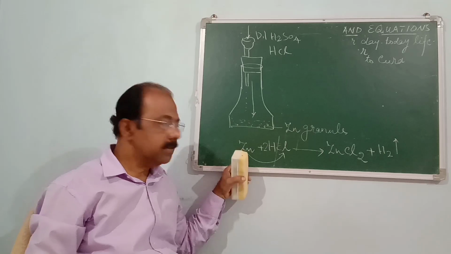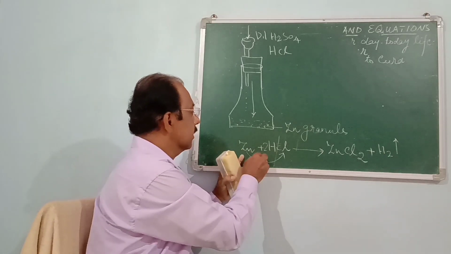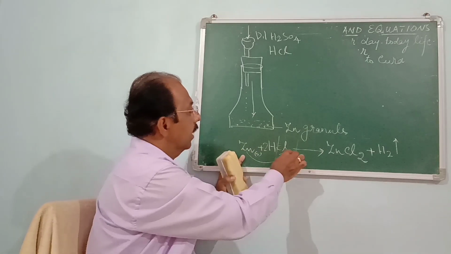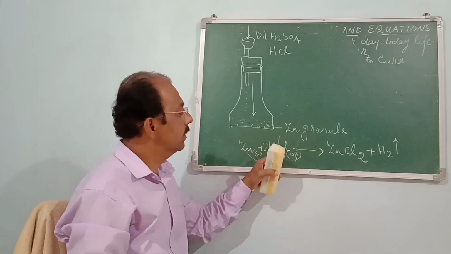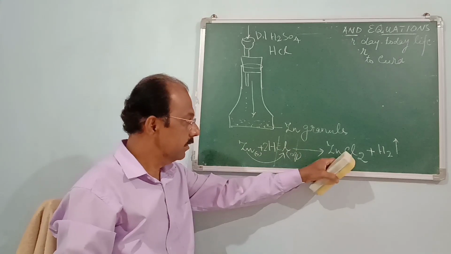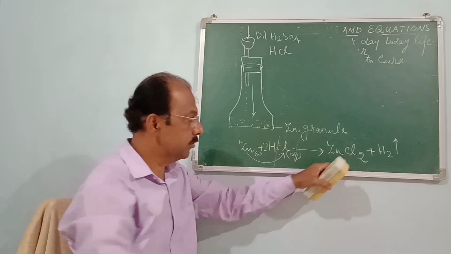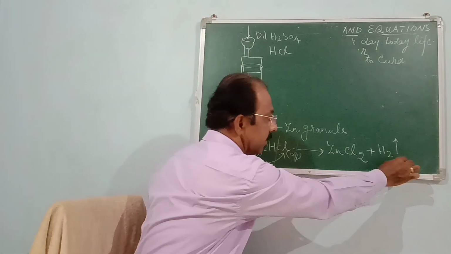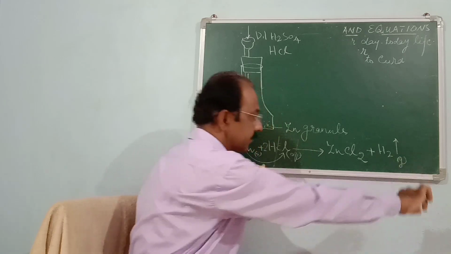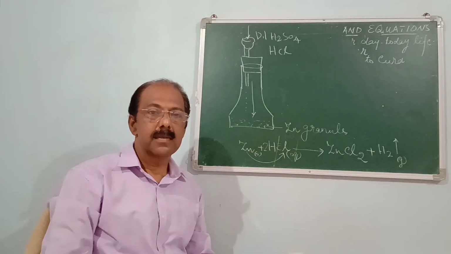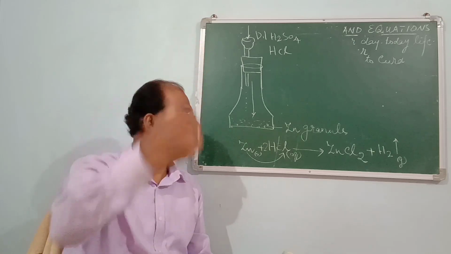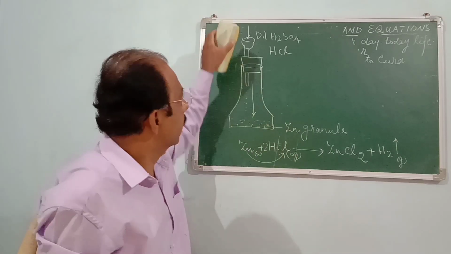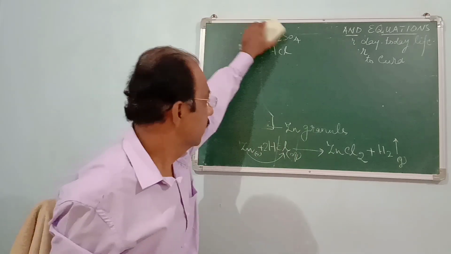Now you see that here zinc is a solid substance, and here HCl is an aqueous solution, a liquid, and the zinc chloride is also an aqueous solution, but hydrogen is a gas. So you see some kind of changes in all these 3 different types of chemical reactions.